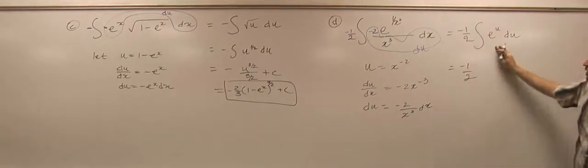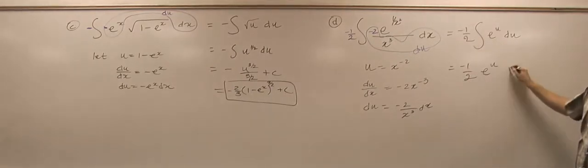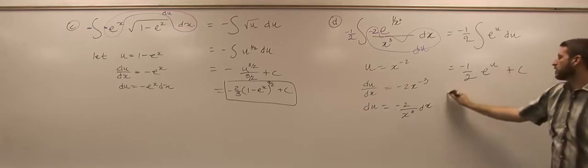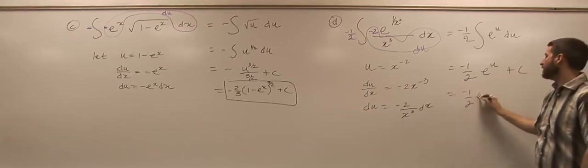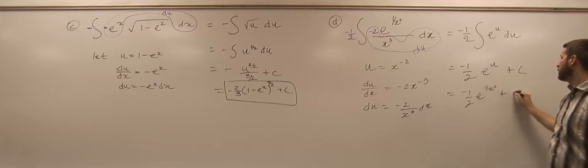I know the integral of e to the u, e to the u again. So altogether I get negative 1/2 e to the 1 over x squared.